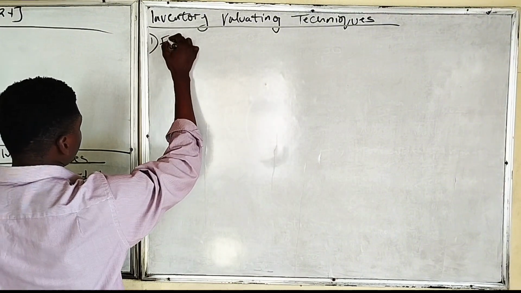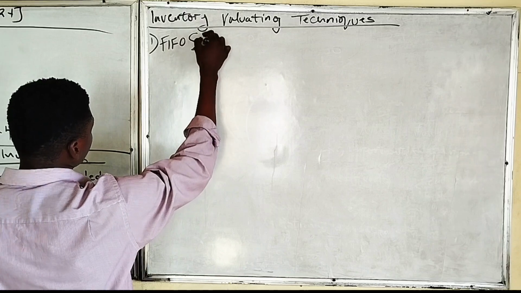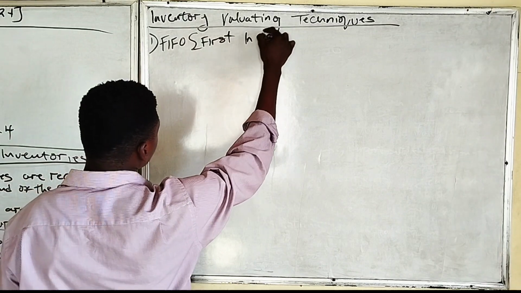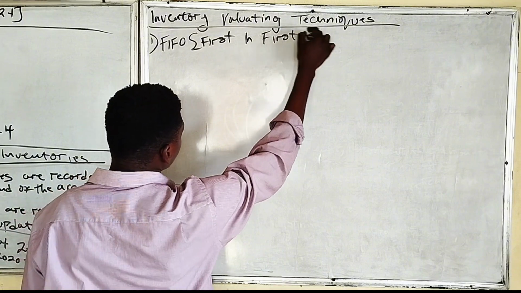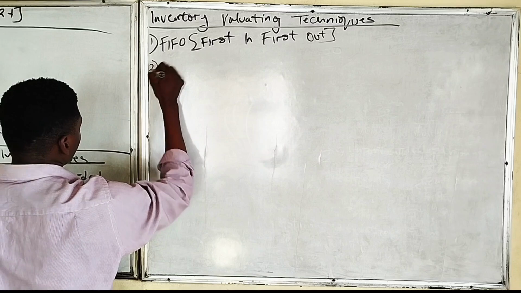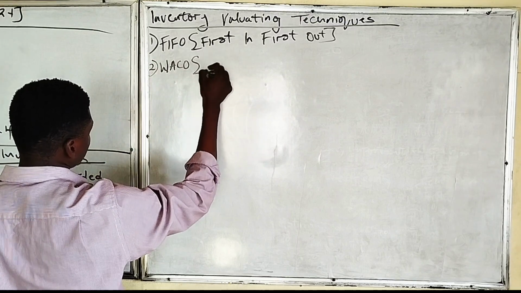We have the FIFO, which is first in, first out. And then we have the weighted average cost.